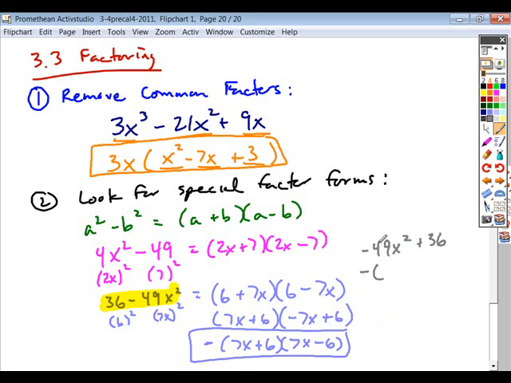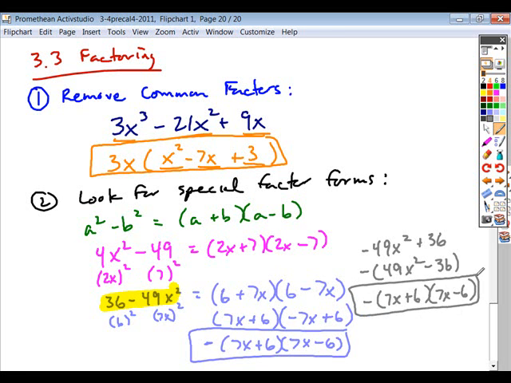So if you factor out a negative, leaving a 49x squared minus 36, what you can then do is fit it into this special factor form, the sum and difference of the terms, 7x and 6, sum, difference. And so you get your factors, and it's easier if you remove your common factors in the first step rather than trying to remember and do it later at the end of your rewrite.